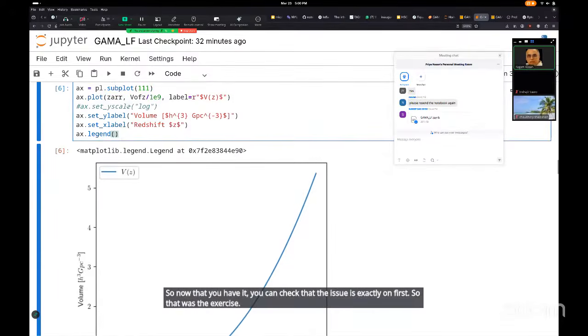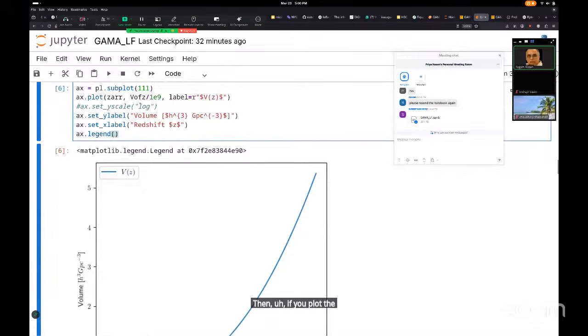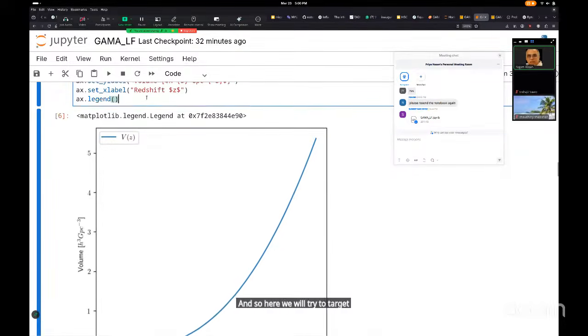Then if you plot the redshift versus the volume of z, now typically people define volumes in megaparsec cube kind of units. And so here we will try to plot it as a function of gigaparsec cube.